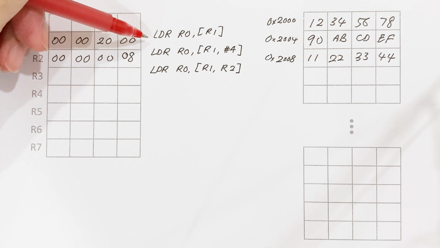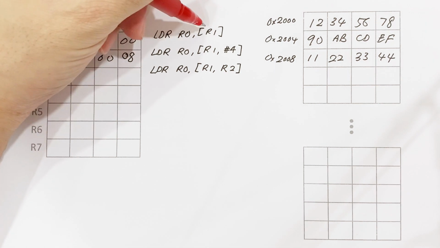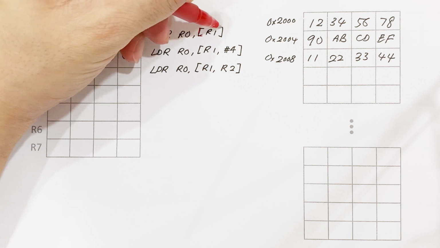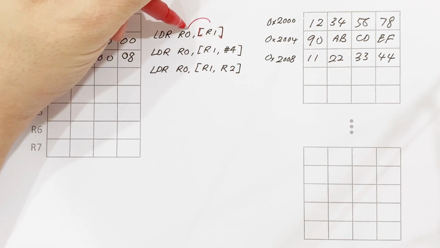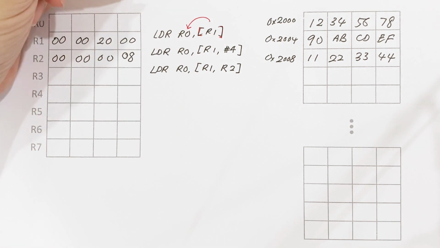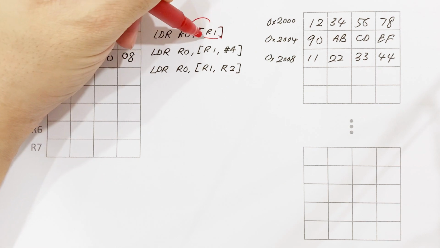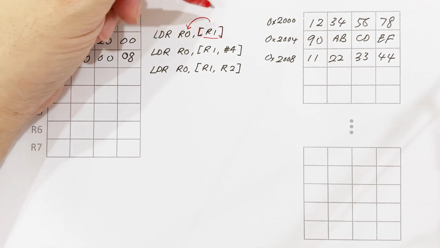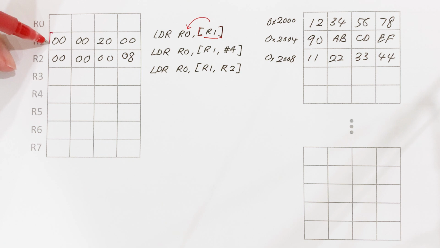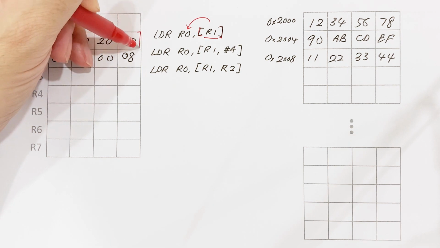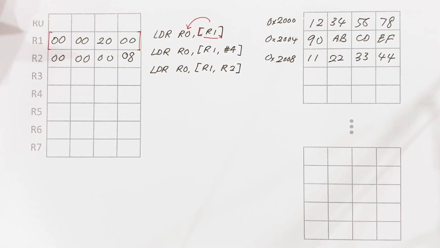So for register indirect, we are moving a value from the memory. The destination is R0. The address is given by R1, which in our case has a value of 2000.